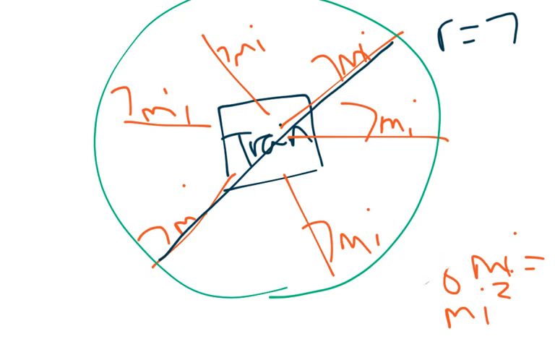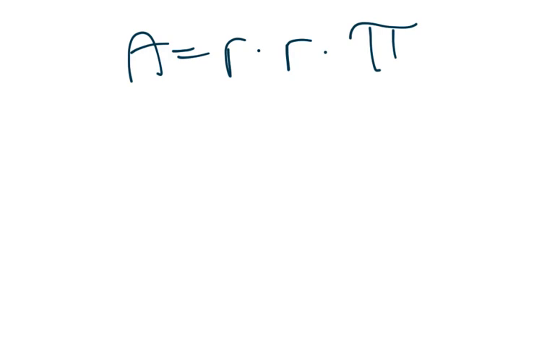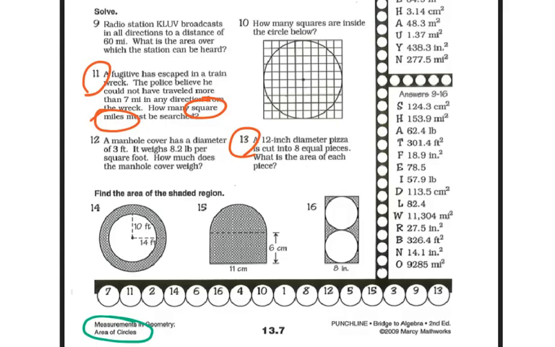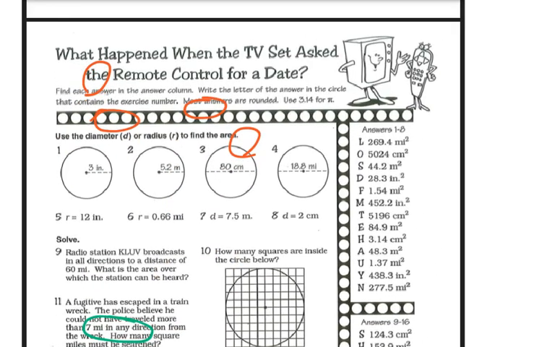They're asking for area. And the area of a circle is pi times radius squared. And this is going to be square miles. And the radius here happens to be 7. And let's see if they told us to use 3.14. And they did. So we're going to use 3.14 instead of pi.